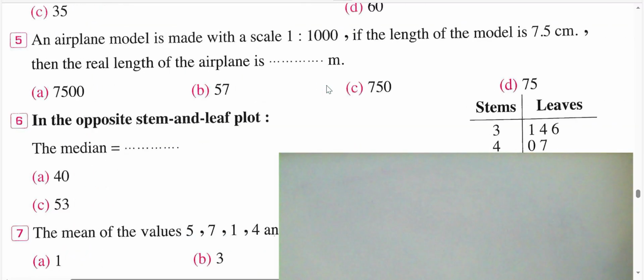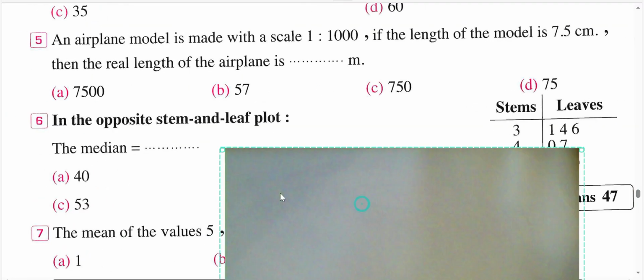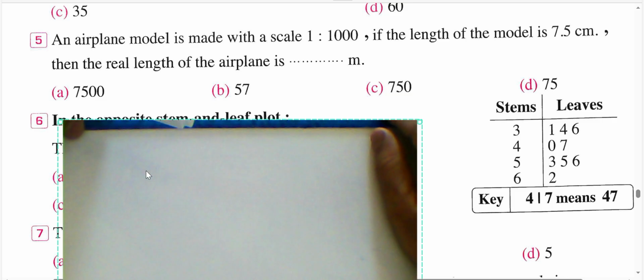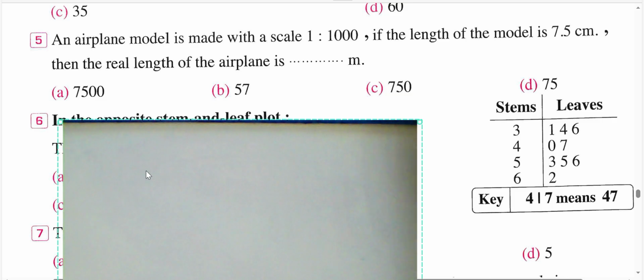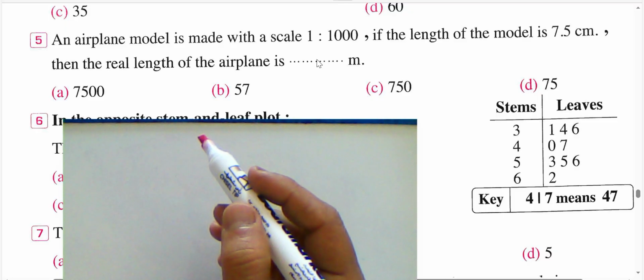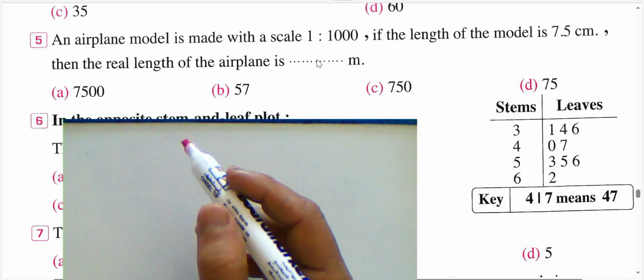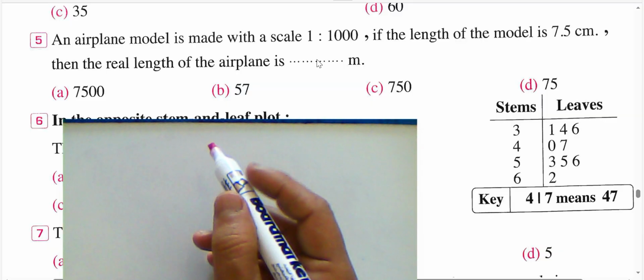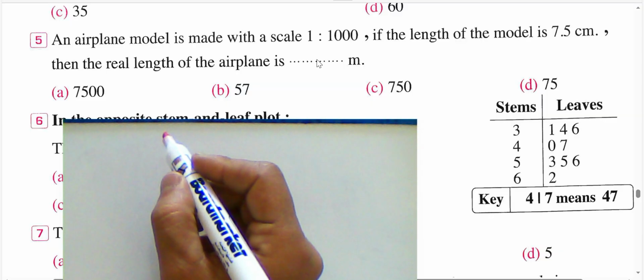Number 5. An airplane model is made with a scale 1 to 1000. The length of the model is 7.5 centimeters. Then the real length of the airplane equals. We have the ratio between the length in the drawing and the length in reality. Do you know the steps for this example?